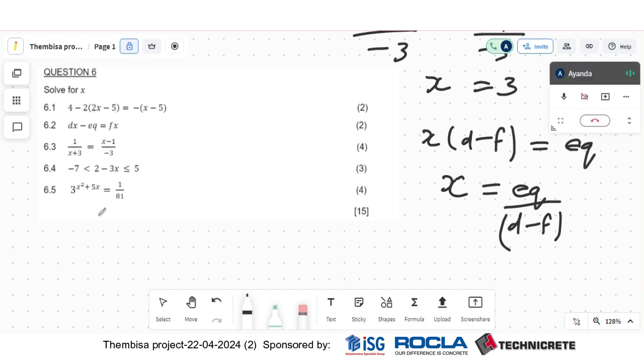So we need to find our lowest common denominator here, which is going to be negative 3 times x plus 3. So we have 1 over, okay, let's just write down our LCD.